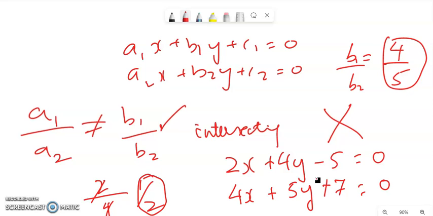So the next is parallel lines. That means they are not intersecting and they are parallel. So what is the condition for that?